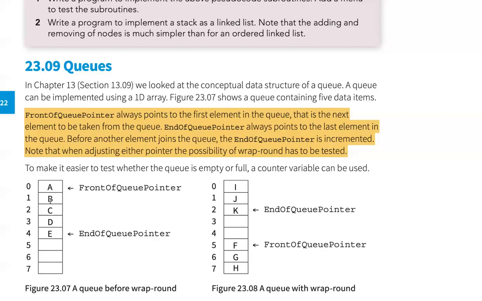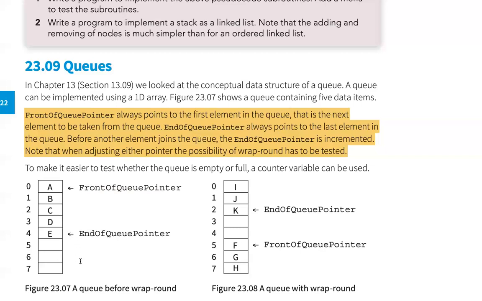So instead of shifting B to the position of 0, we can shift this front of the queue pointer one step down to point towards B. So every time an element is leaving the queue, I will simply shift my front of the queue pointer one place down, so the pointer is being moved.